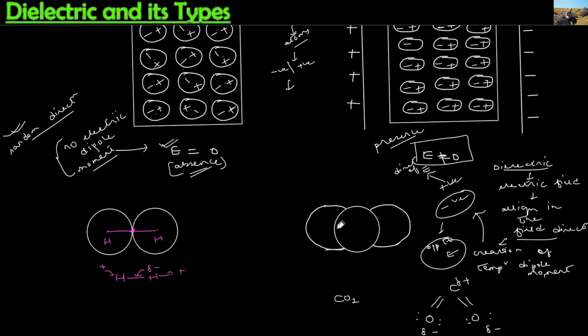So if I have a carbon atom and these are the oxygen atoms, then there is a momentary shift of the centers of the positive and the negative charge.